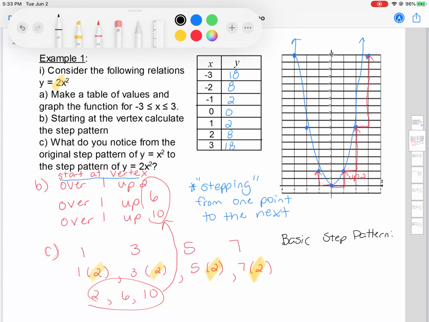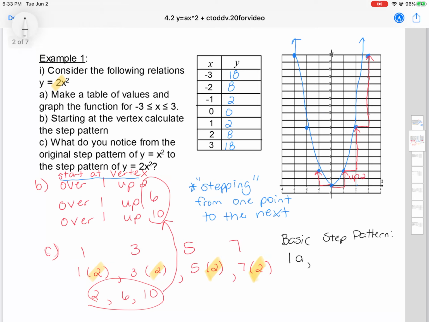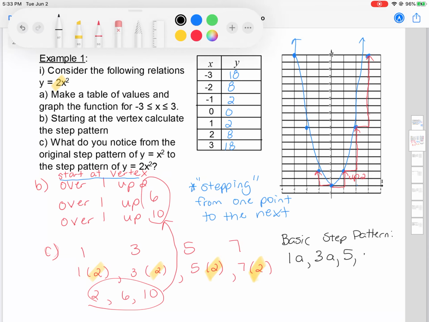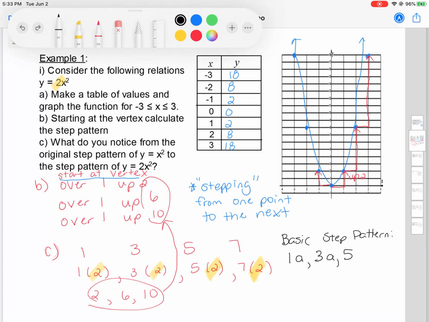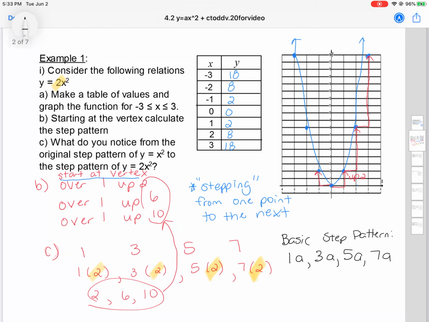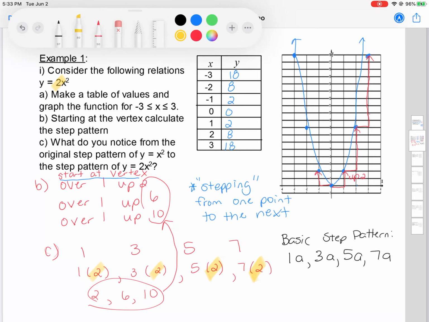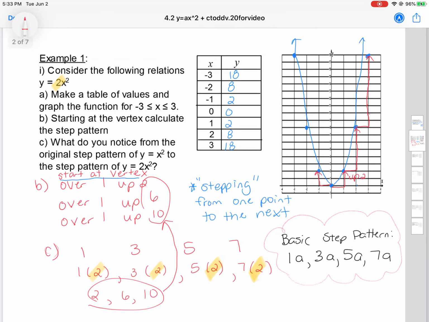So the way that we write it is 1A, 3A, 5A, 7A. Okay, so this is important.